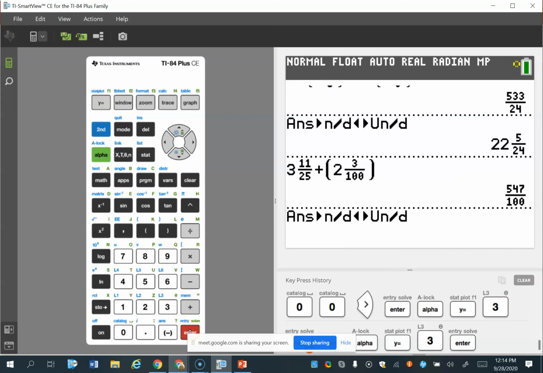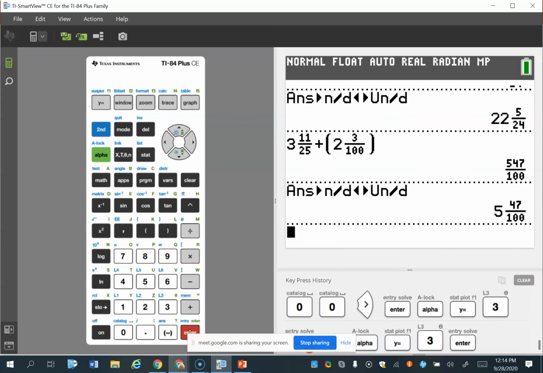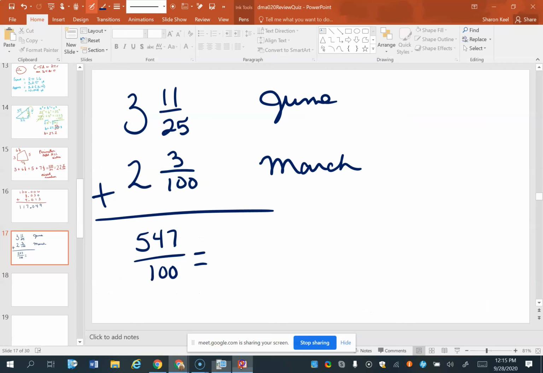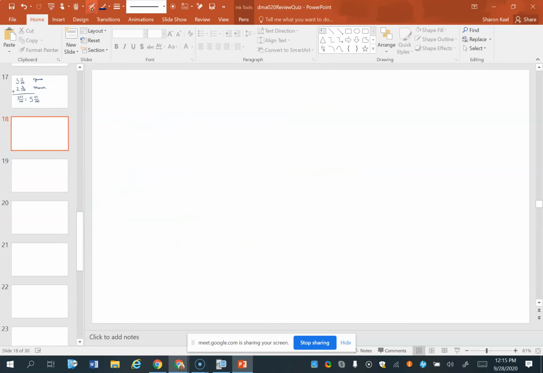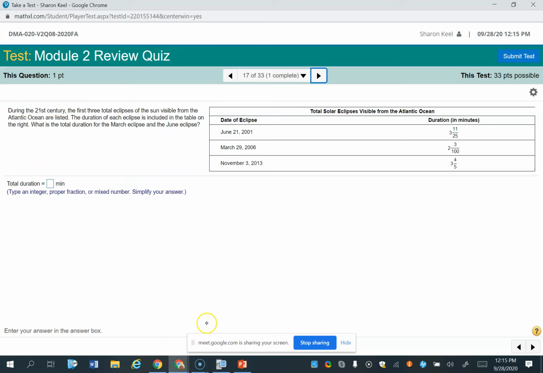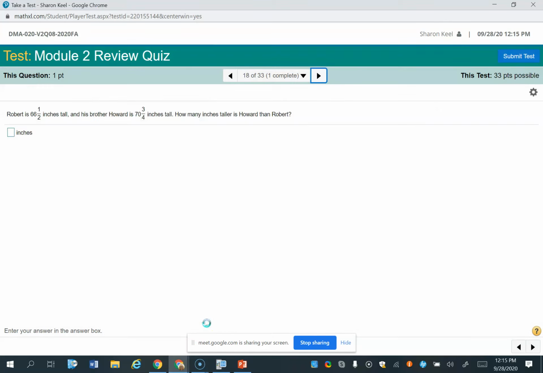Enter. And that gives us 5 47/100. And it does say give that answer as a mixed number.